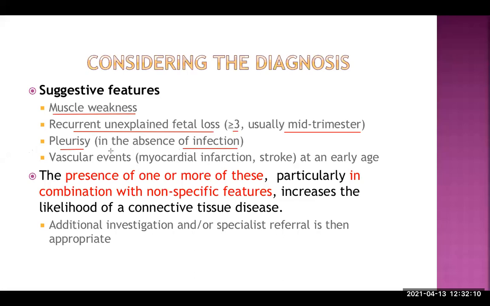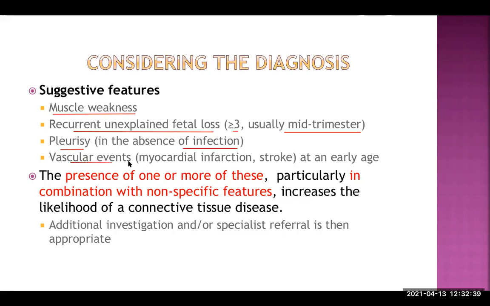Now, what is pleurisy? What do you mean by that? Anyone? This is pleuritic chest pain, involvement of the pleura. This is caused by inflammation, an inflammatory type of pleuritis. So this is a localized type of pain. Sometimes it may be referred also.